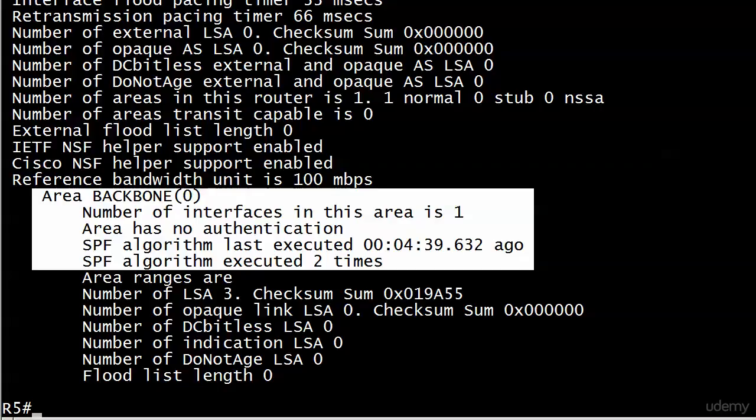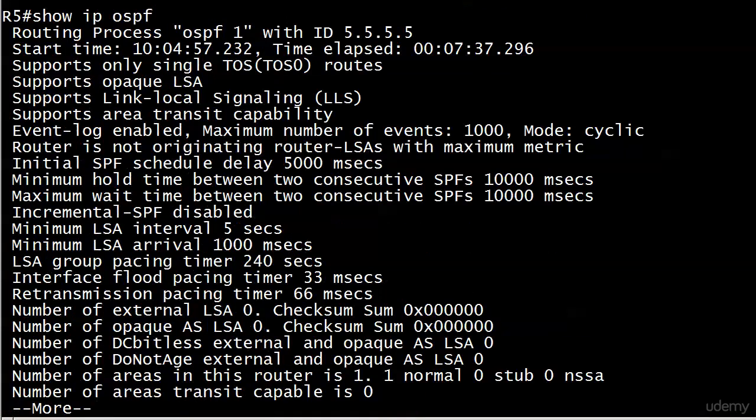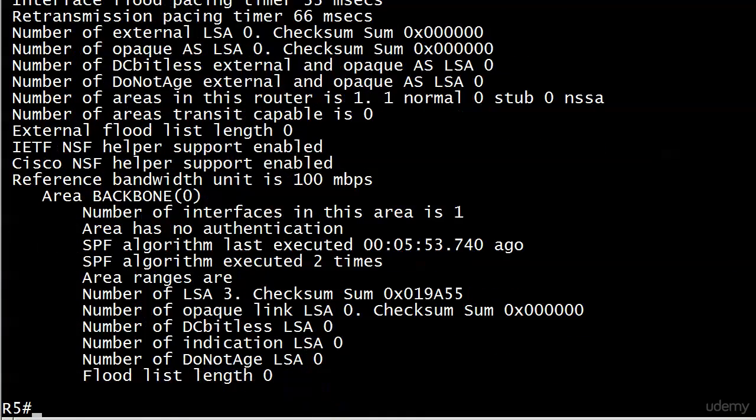But if that algorithm execution count is regularly incrementing, there's some instability in your network somewhere. You may have a flapping link, one that just goes up and goes down, because every time that happens, a router is going to have to recalculate SPF, then recalculate again when it comes up, then recalculate it when it goes down.